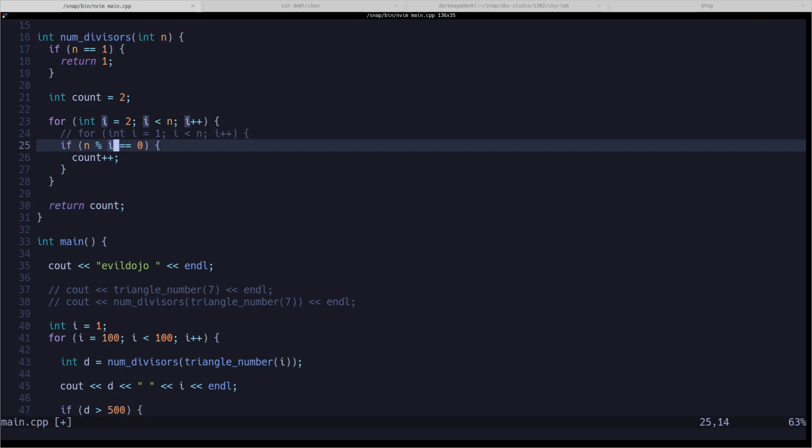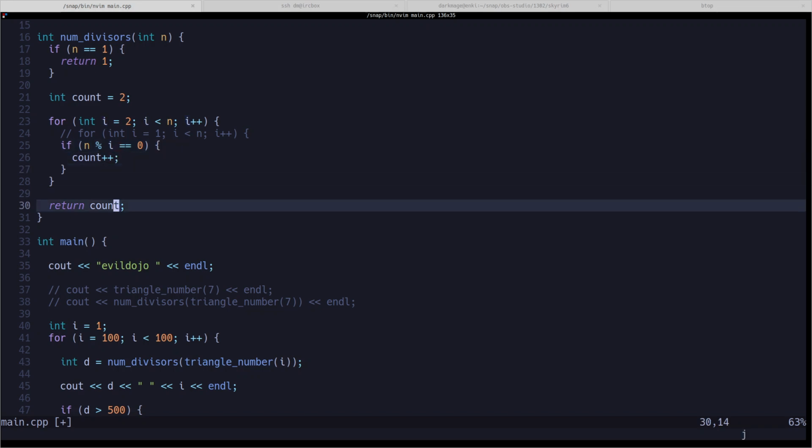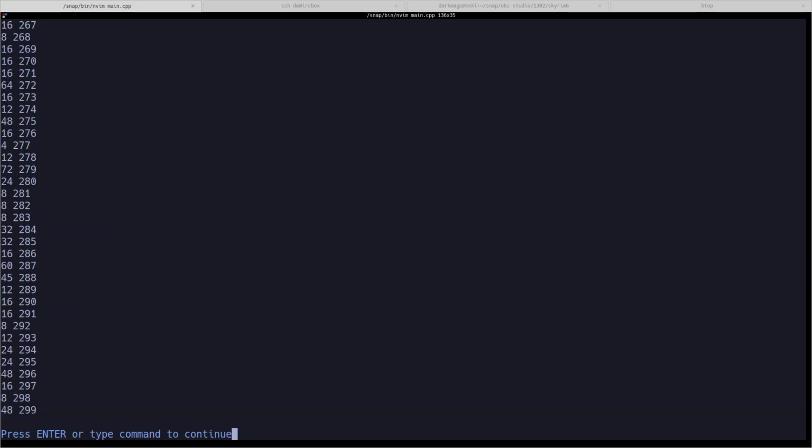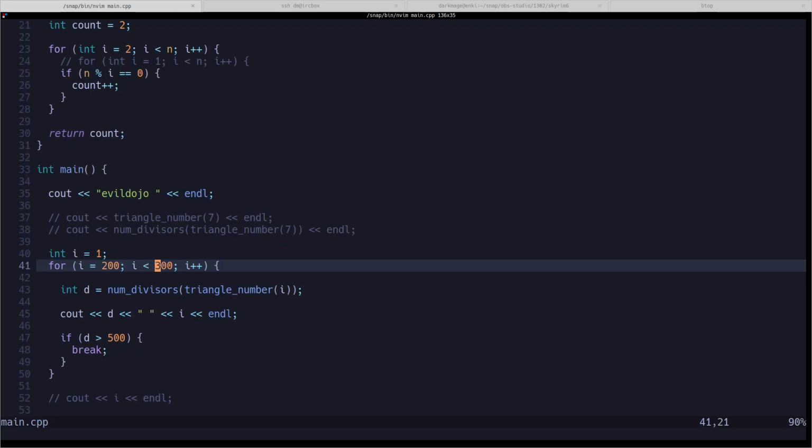Like, is there such a thing as a fast mod? Because I want to print out, alright, let's do 300. Like from 200 to 300, just for fun. The 299th has 48. So we're gonna have to go a lot higher.